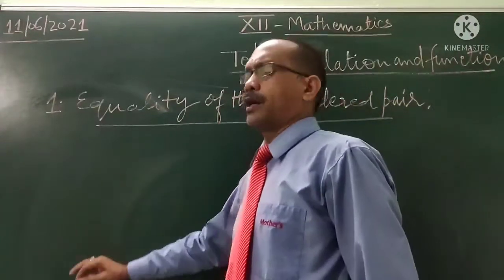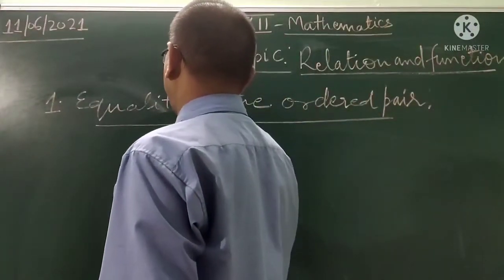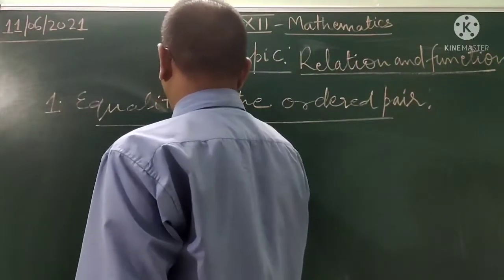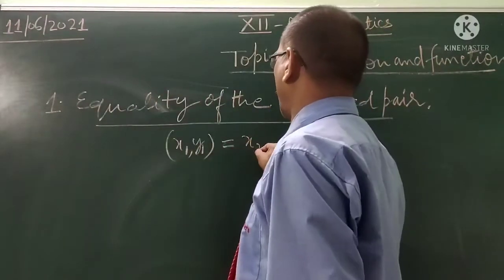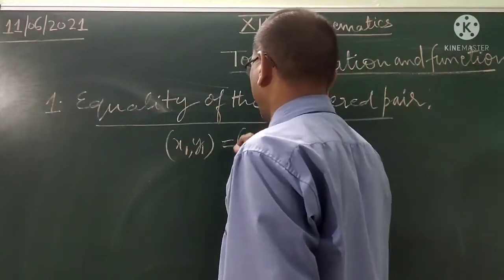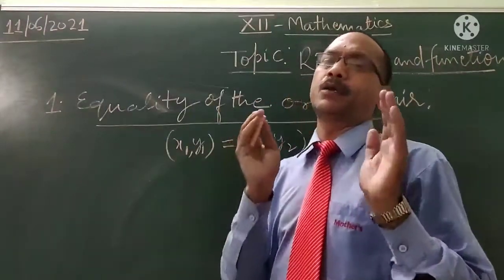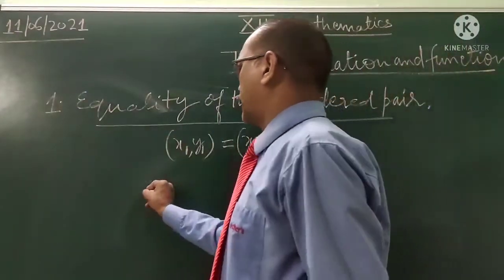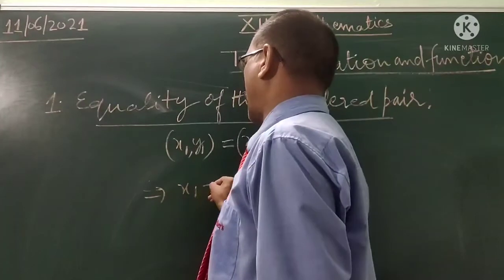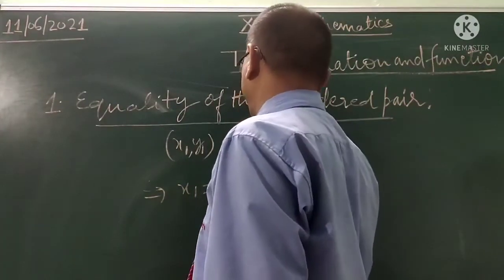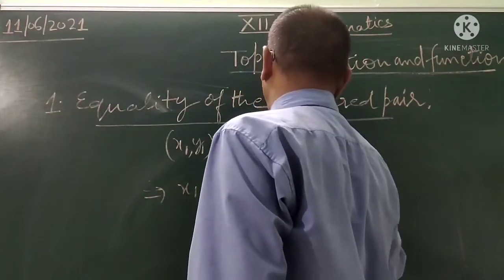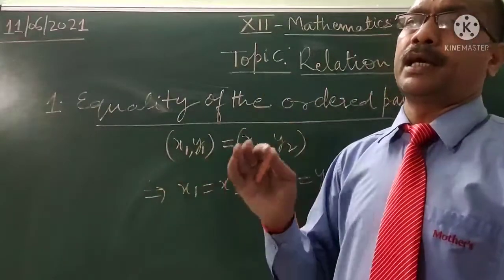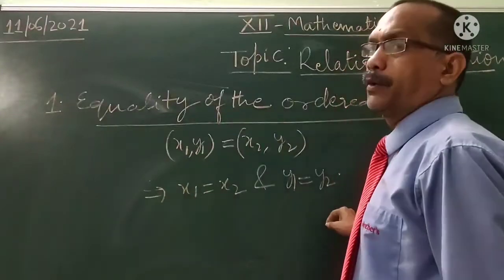If two ordered pairs are equal, like (x1, y1) equal to (x2, y2), then their corresponding elements are equal. So this implies that x1 equal to x2 and y1 equal to y2. Whenever two ordered pairs are equal, then their corresponding elements are equal.